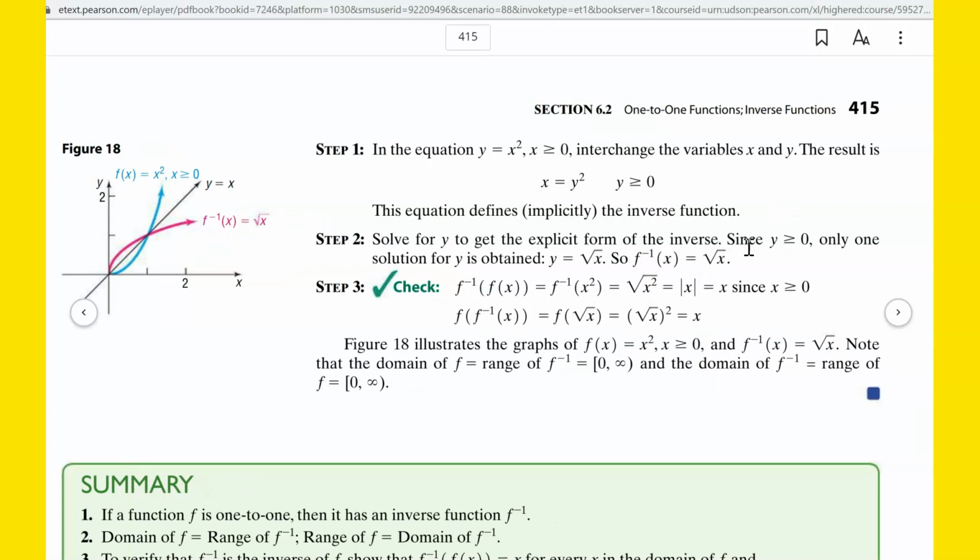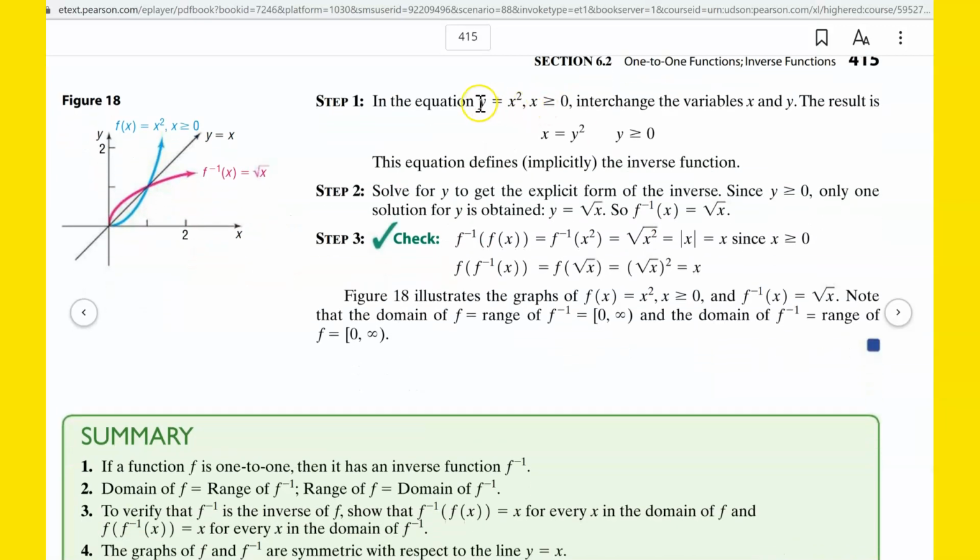All you have to do is exchange the variables x and y. So just put the y where the x was and the x where the y was. Look how they wrote it. Instead of y equals x squared, they wrote x equals y squared. And then resolve for y, get the y by itself. You would do that by taking the square root of both sides.